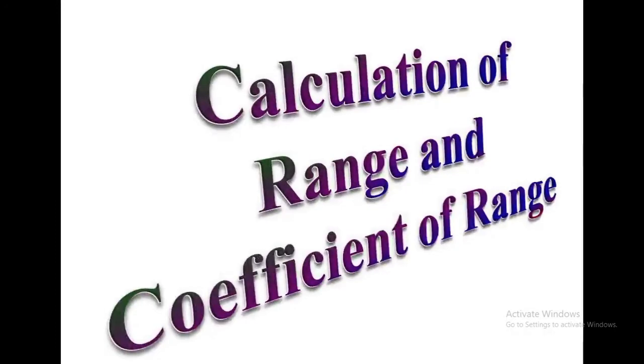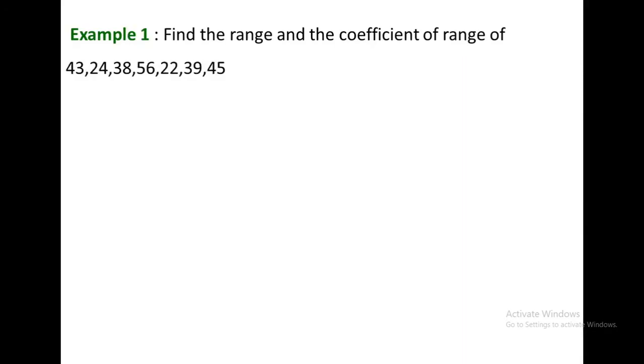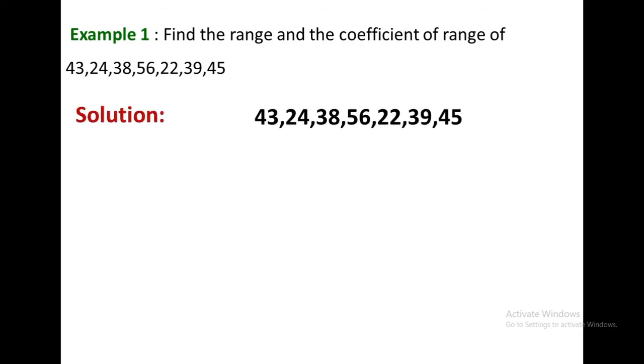Calculation of range and coefficient of range. We will take some examples. In example 1, we have to find the range and the coefficient of range for this data. To solve this, first we have to find the value of L, which is the largest value of the data set, and that is 56 in this case.